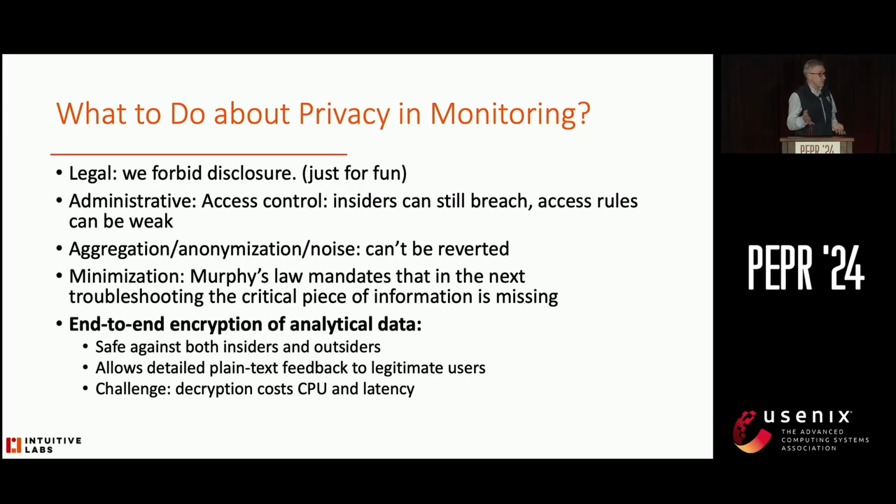So what we ended up with is we have been trying to use end-to-end encryption of analytical data, and we have been trying to use it very selectively. So when we have a huge JSON document, we are not encrypting every piece of data we have there.